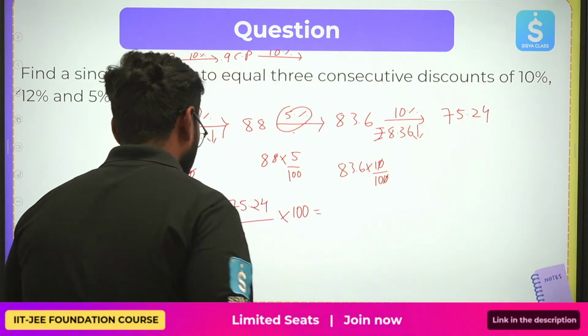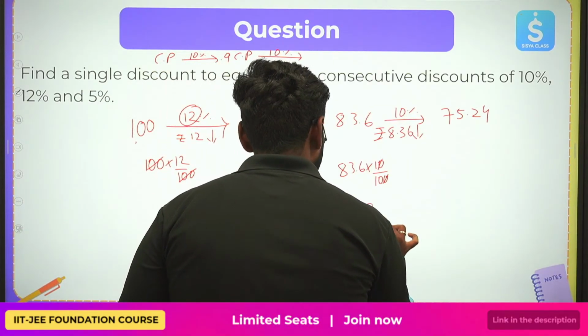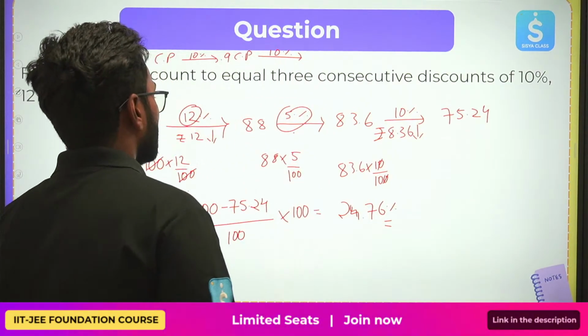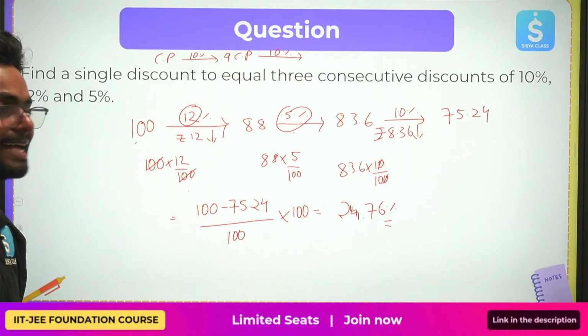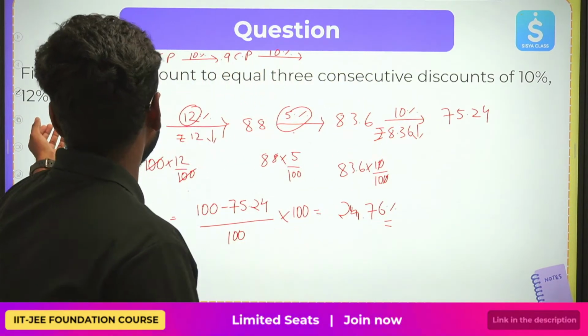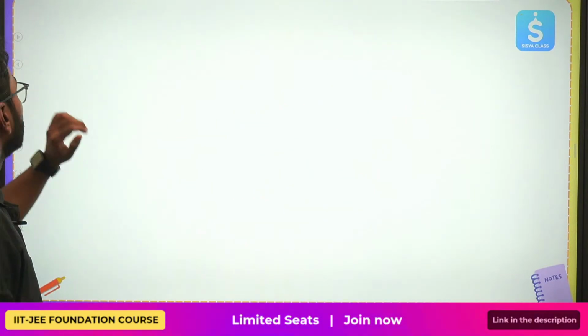That equals 24.76%. So this is the single discount if you wanted to offer, rather than giving him 3 consecutive discounts of 10, 12 and 5%. Right? Okay.